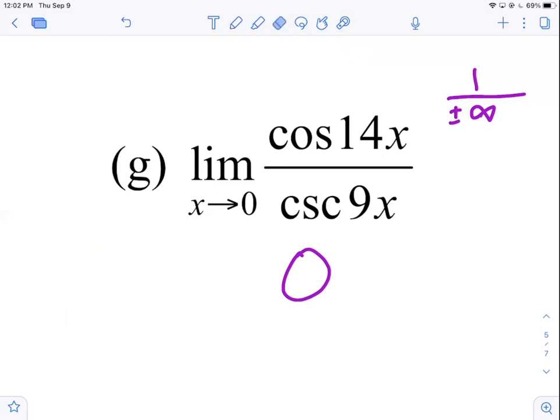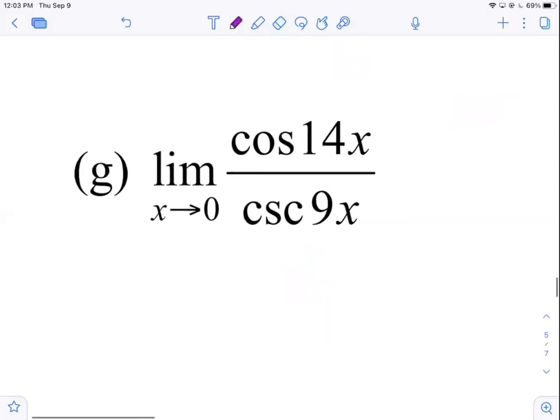Okay. So that's one way to do it. Here's another way to do it. It's not 14/9 and 9/14. Here's what you want to do. Just because you see the limit as x goes to 0 and you see trig of something over trig of something, it doesn't mean it's the ratio of the angle's coefficients. Okay. Let's see. Some of y'all put it in terms of sine and cosine, and I saw you put like 1 over sine.